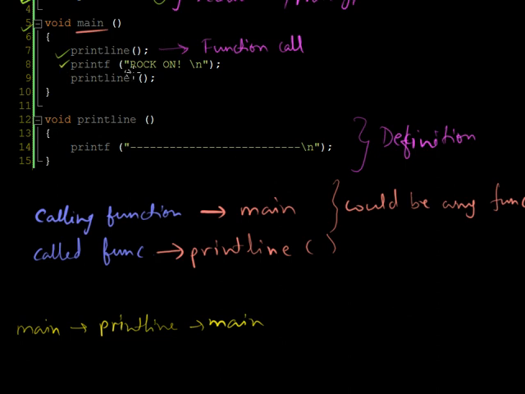Like when you go to printf, printf's code must be somewhere in the C library. It is executed and the control comes back and executes other statements which are below. So println, main and again println. This is with regard to our user defined function, not printf. And main. So this way the control flows back and forth between the calling and the called function.